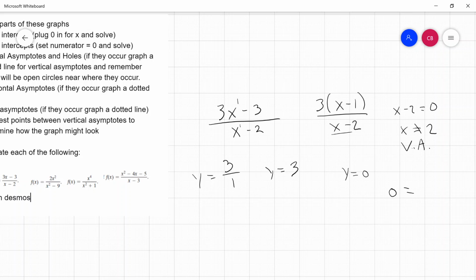We have 0 is equal to 3 times x minus 1 over x minus 2. We can multiply this to this side, x minus 2. Gone, gone. And then we divide the 3 out, and you just set x minus 1 equal to 0, and you get x is equal to 1 is your intercept. Y in, x in.